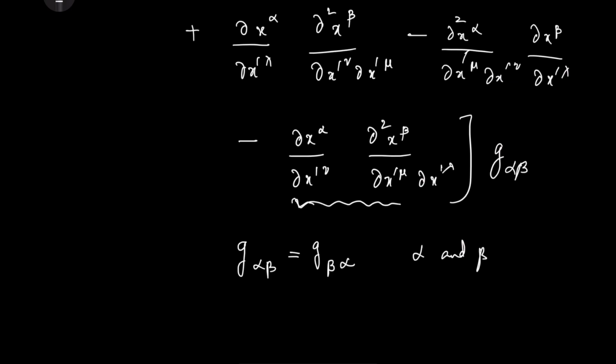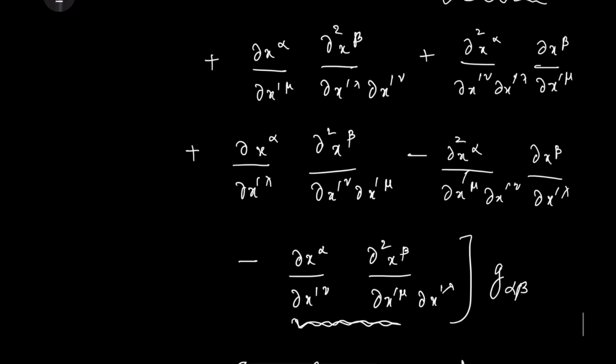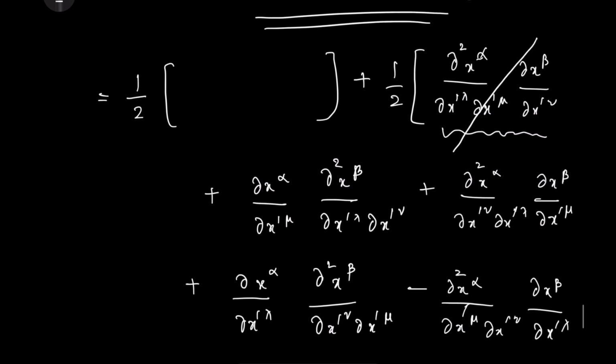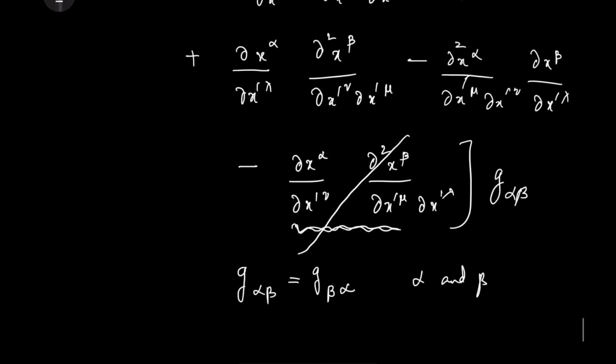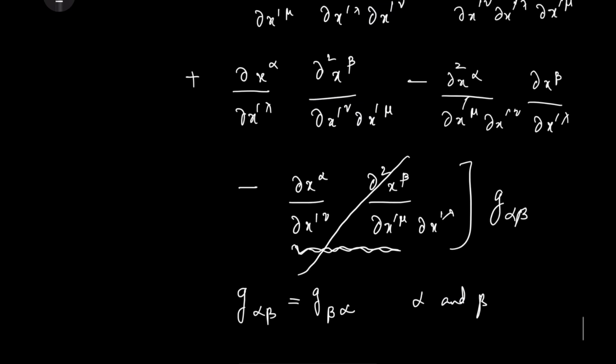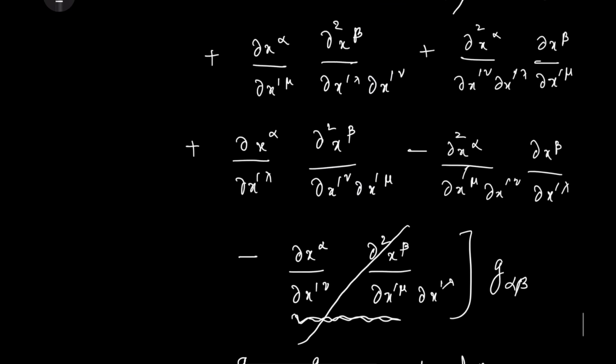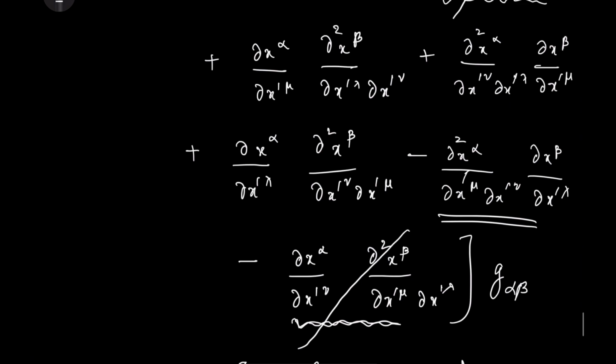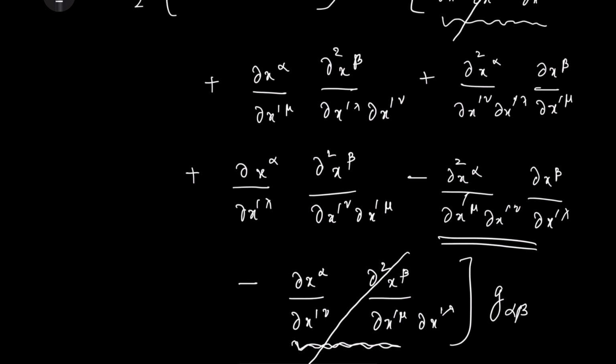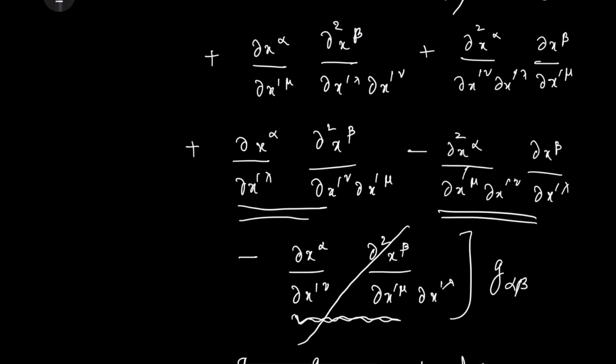For example, this term and this term will get cancelled. Similarly, this term and this term will get cancelled if I exchange alpha and beta.